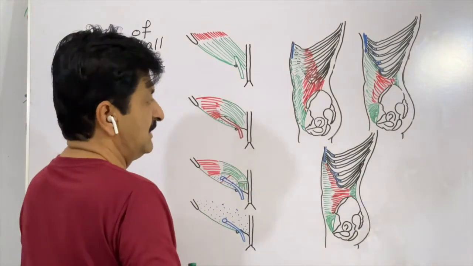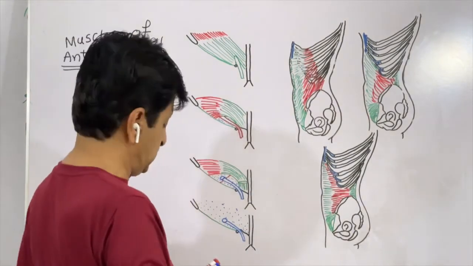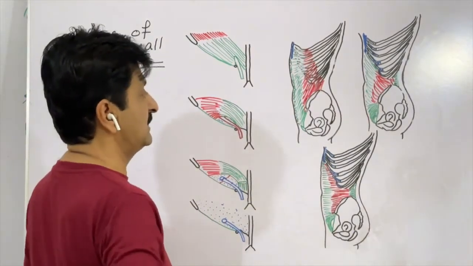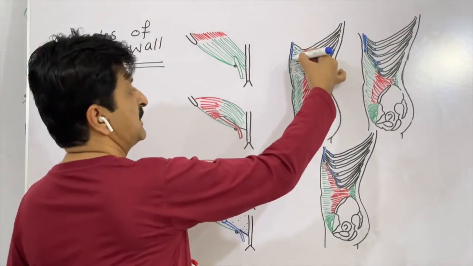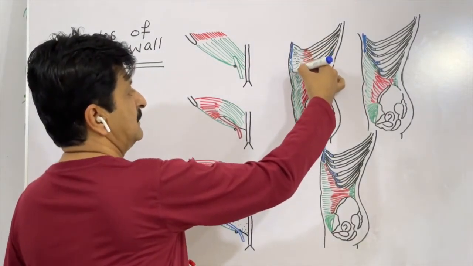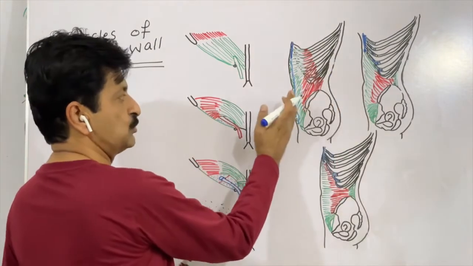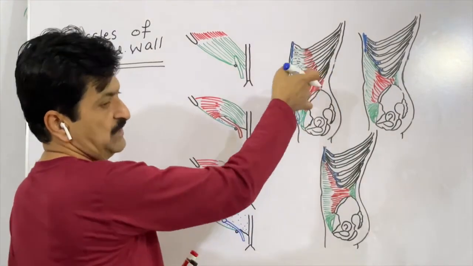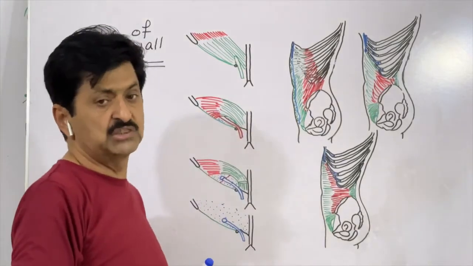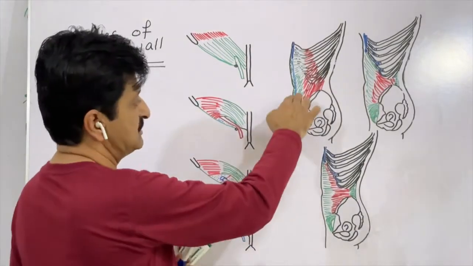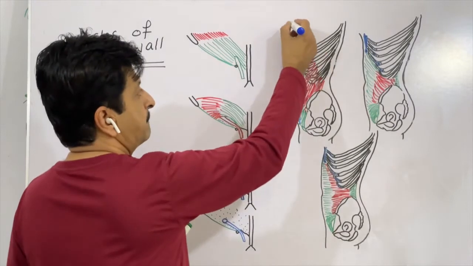And then after the fatty layer, you are removing the third layer, the membranous layer, which I'm drawing below here. When you remove these three layers, you will see the first among the three muscles of the anterior abdominal wall. This is the muscle called the external oblique muscle.